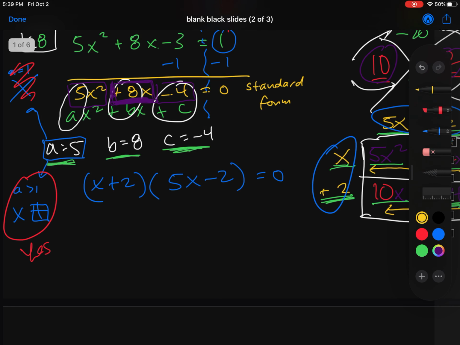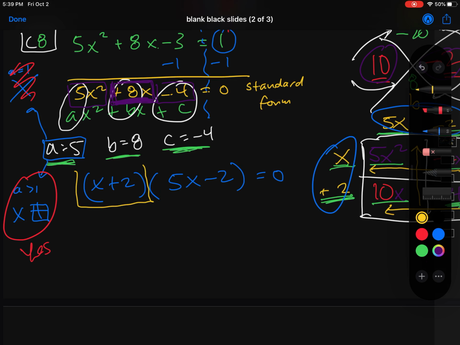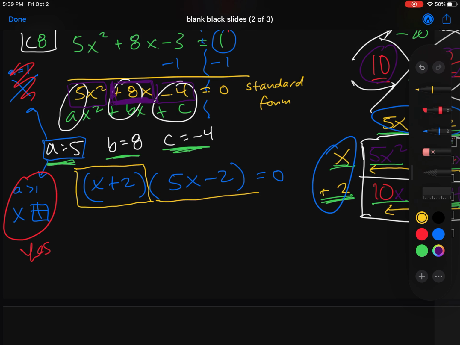Remember, one of these, the box, or let's draw a triangle. Can I draw a triangle? That's a triangle. Box times a triangle equals 0 implies that one of these has to equal 0. So we're going to set both of those equal to 0. Let's do that. x plus 2 equals 0, and 5x minus 2 equals 0. So we're just going to get x by itself.